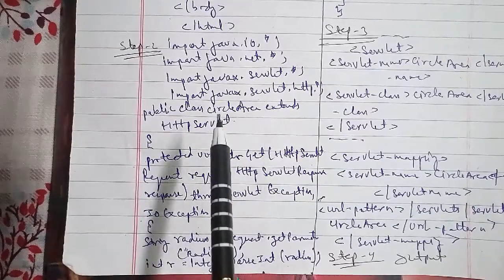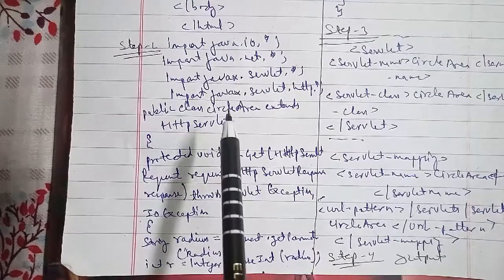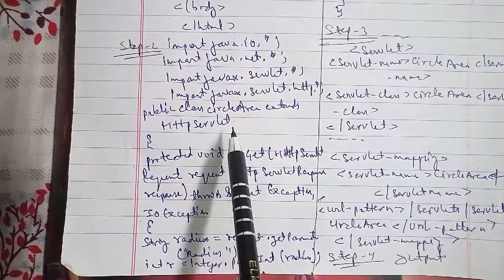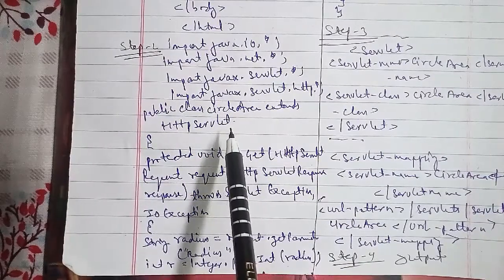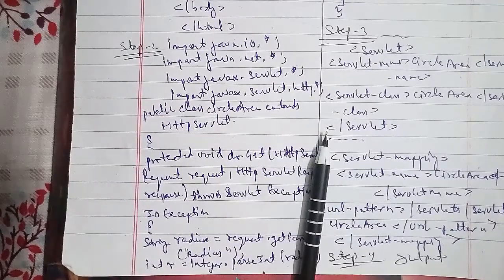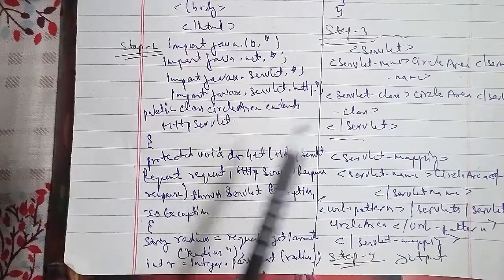Now we'll do another program, that is, write a servlet which accepts two numbers using the post method and displays the maximum. That is what we have to do. We will be doing it in two steps: the first is numbers input.html, and the second is MaxNumber.java. Let's go ahead there.